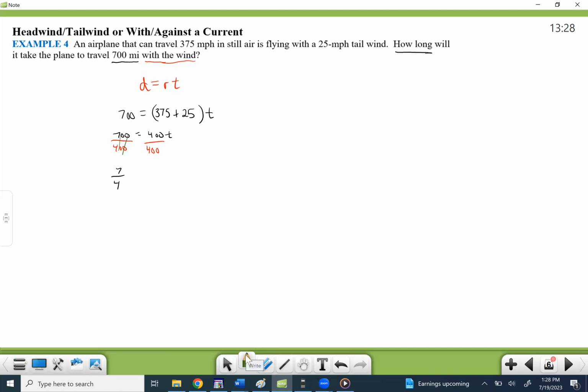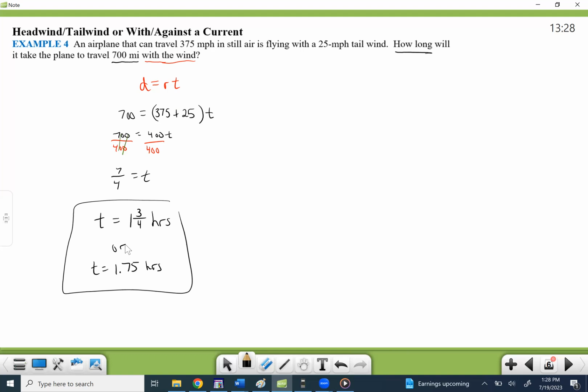So this is going to be, probably would want that as either a mixed number, we're talking hours because of miles per hour, right? Or you could put 1.75 hours, whatever. 1 3/4 of an hour. Either one of these is acceptable.